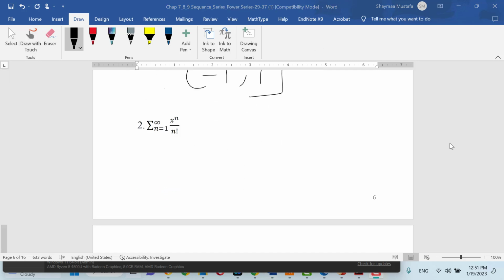So this is another example. We have this power series, and we need to find the interval of convergence. First we apply the ratio test.